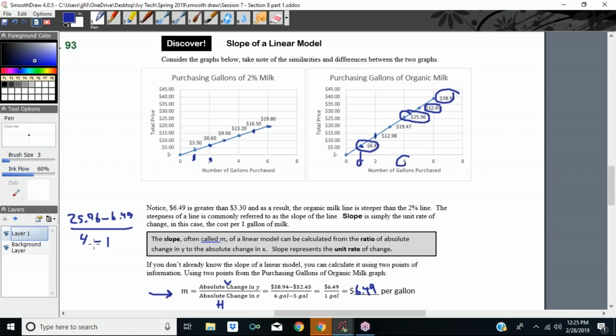So if we do that, I'm going to grab my calculator here. 25.96 minus 6.49 is $19.47. That's 3 gallons, and then we want to make that a unit rate, so we take 19.47 and divide it by 3, and we get 6.49.